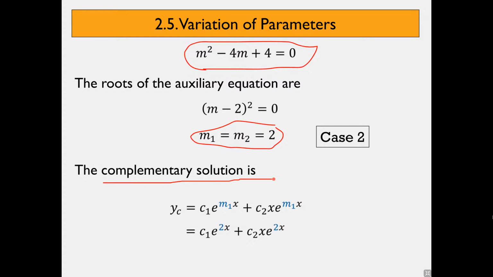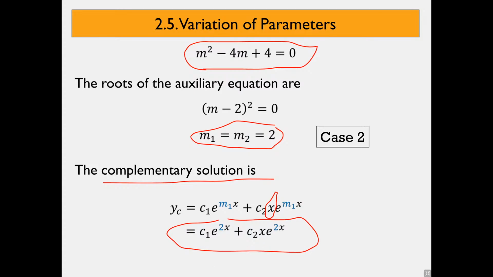So the complementary solution, yc, is c1 e to the power m1x plus c2 x e to the power m1x. Because these are repeated roots, you put x inside here. So your yc becomes c1 e to the power 2x plus c2 x e to the power 2x.